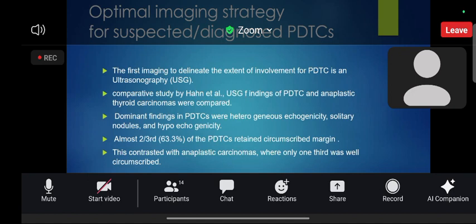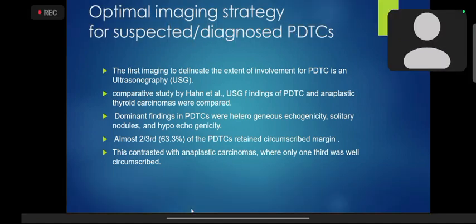The dominant findings in poorly differentiated thyroid cancer are heterogeneous echogenicity, and almost two-thirds, 63%, of poorly differentiated thyroid cancers retain circumscribed margins. In anaplastic carcinoma, only one-third are well circumscribed.